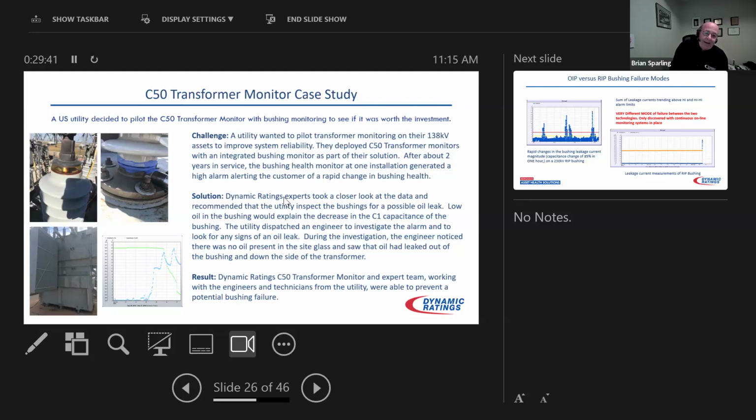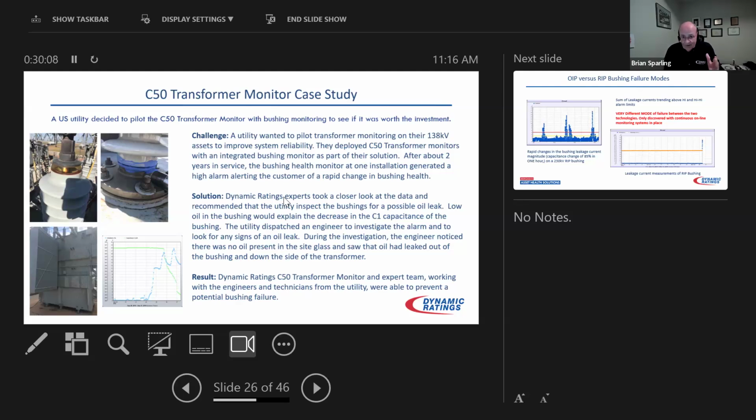I don't know what that is, but that's where it was leaking from, the interface between the porcelain and the flange itself. So the monitor did point out that this decrease in capacitance was due to oil leaking out, and please send somebody out, because if they let that continue, there was a big risk of that transformer failing in a not very nice way.